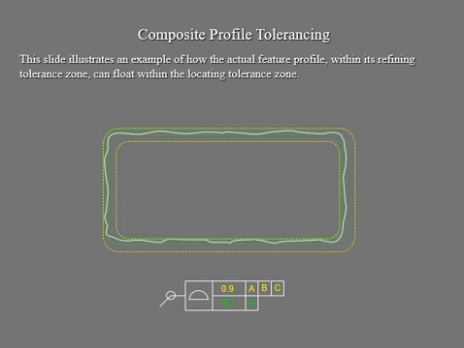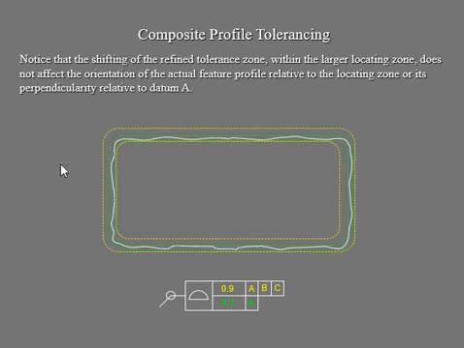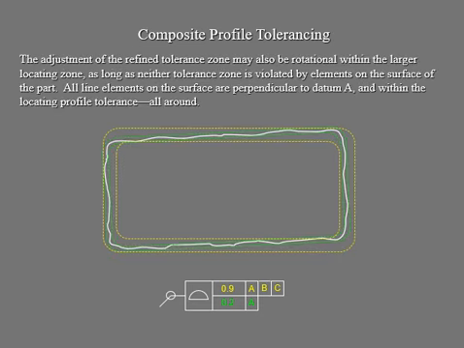Notice that shift of your tolerance zone right there. It is still within the larger locating zone. It doesn't affect the orientation of your actual feature profile, so it's still very safe. And of course, the perpendicularity has to be relative to your datum surface A.